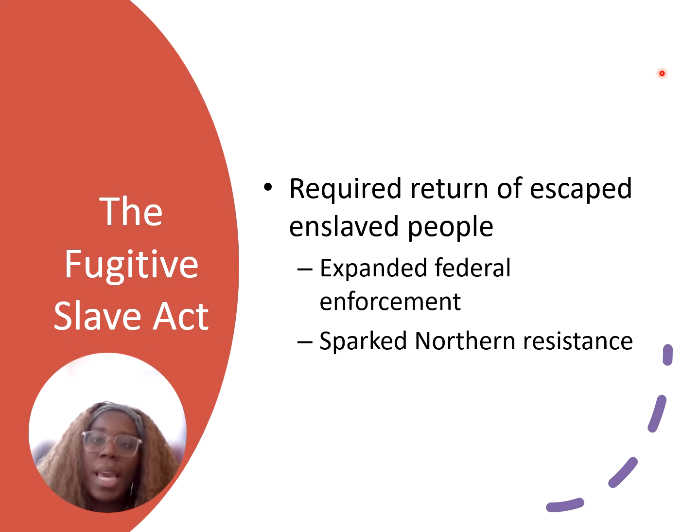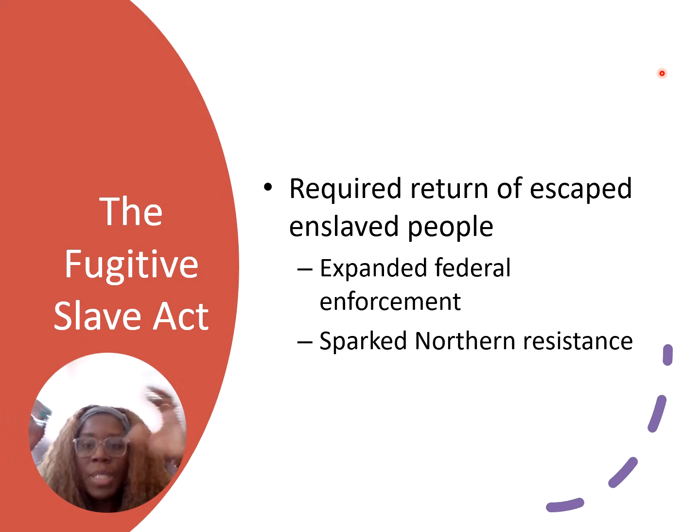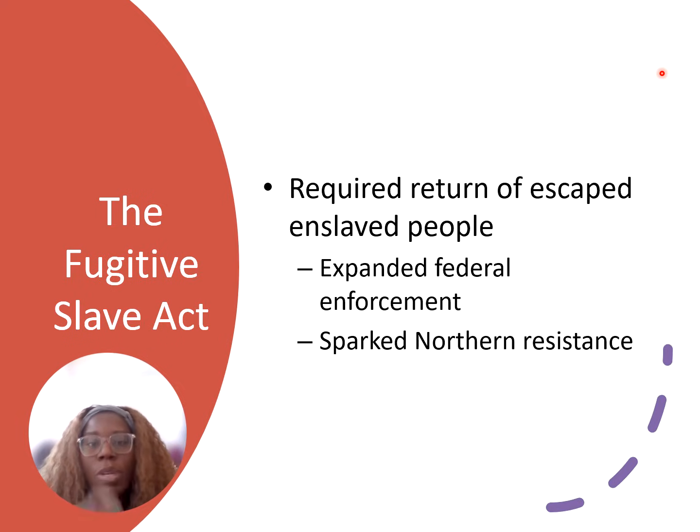And the Fugitive Slave Act transformed opposition to slavery from a passive disagreement into an active resistance. Those same Northerners who in the beginning were like, oh, that doesn't have anything to do with me, that's in the South, now began to actively resist slavery. This again increased sectional tensions. The North became more upset with the South, and the South became more upset with the North.